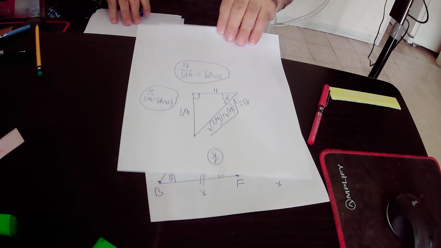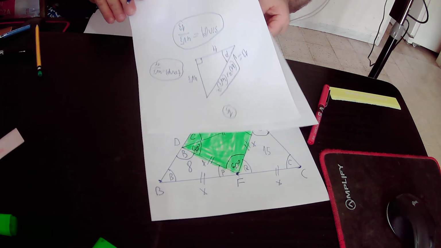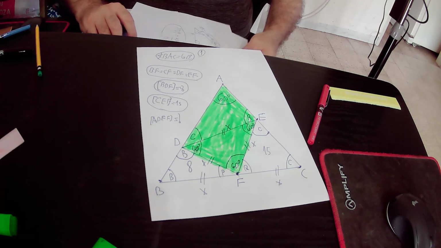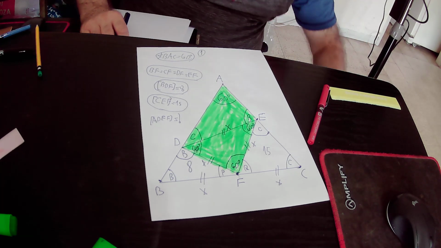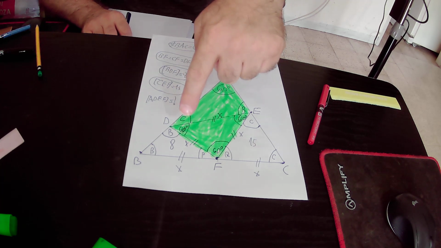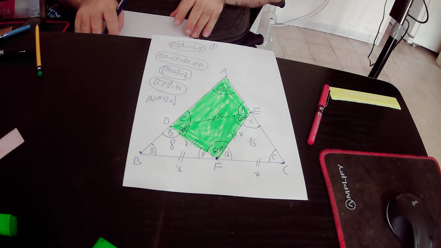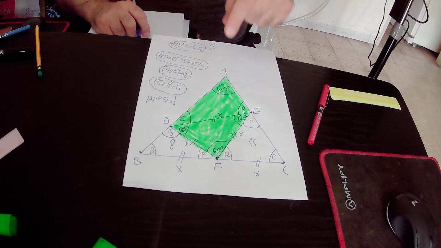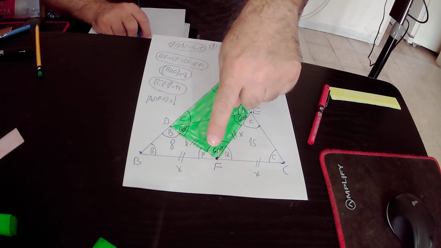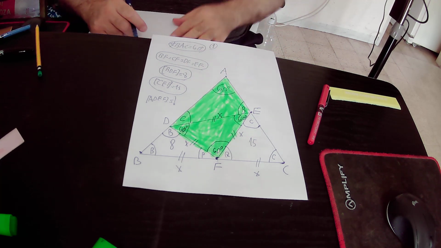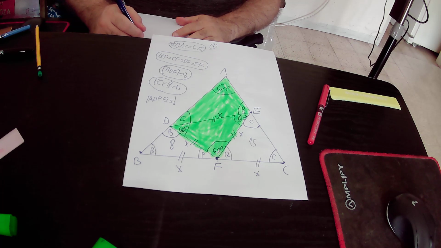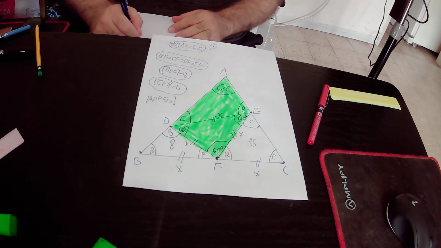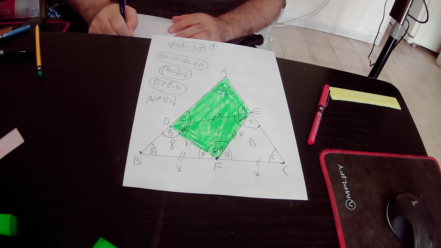But what is the area of triangle DBF? The area of triangle DBF equals x times x times sine P over 2, which is x squared times sine P over 2.